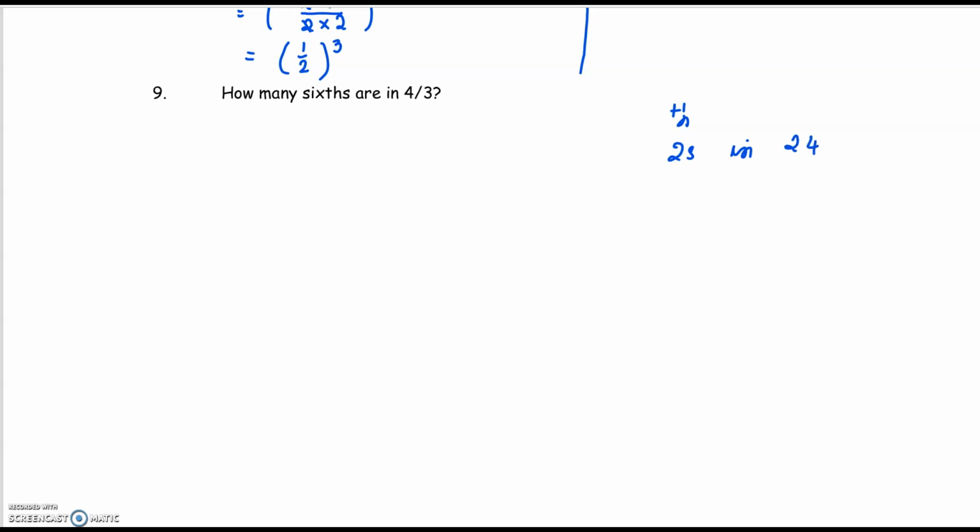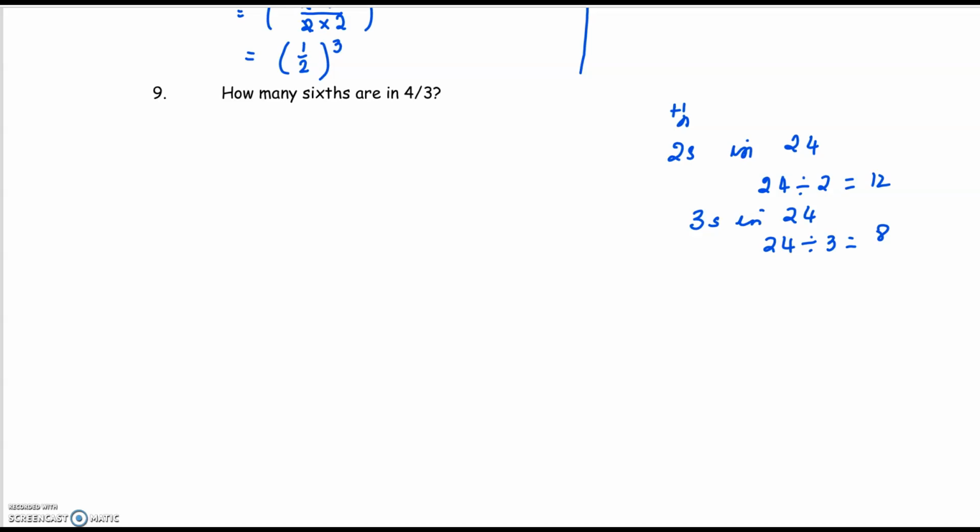It's the same as saying how many times does 2 go into 24, which is 24 divided by 2 equals 12. If I say how many 3's in 24, you go 24 divided by 3 is 8. 8 3's are 24. So when you divide 24 by 3, you get 8.